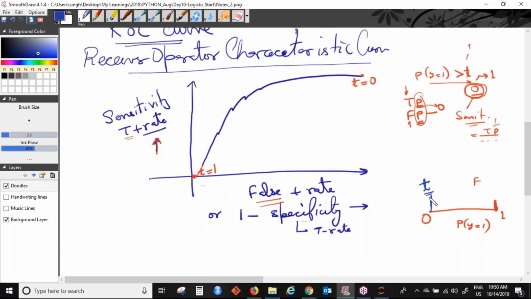So this is your threshold. Whatever is above this is 1, and all the values will be above this, right? Again, same concept. Your threshold is 0, then all the probability will be above 0. So definitely you will predict all as 1.